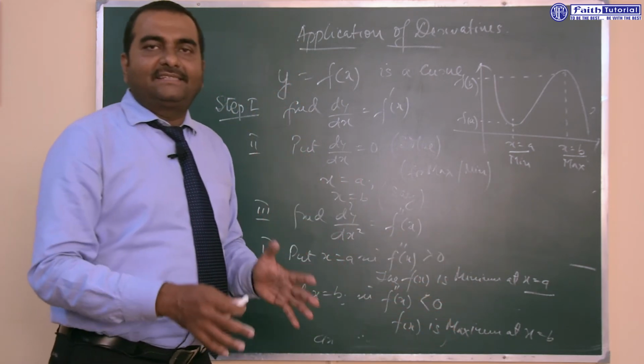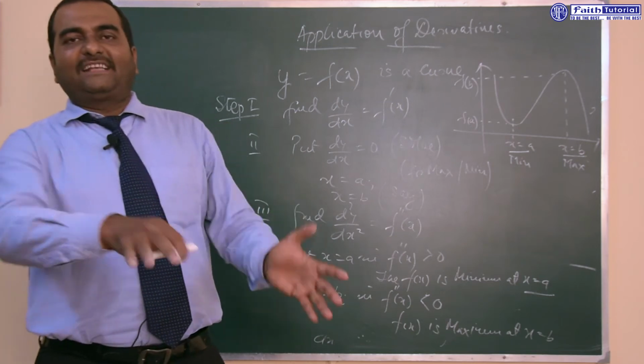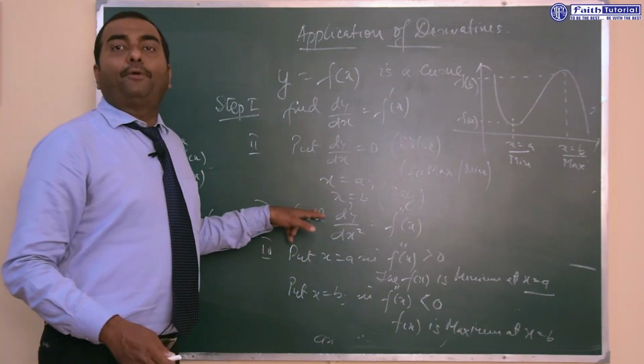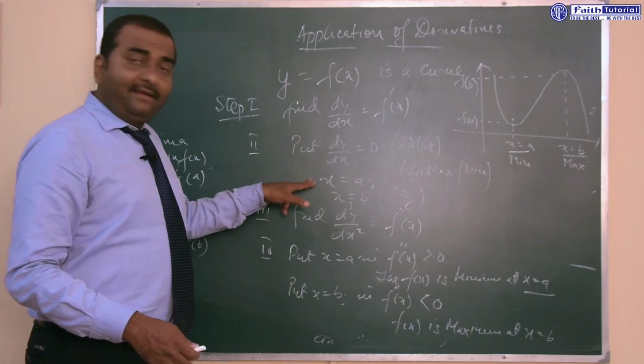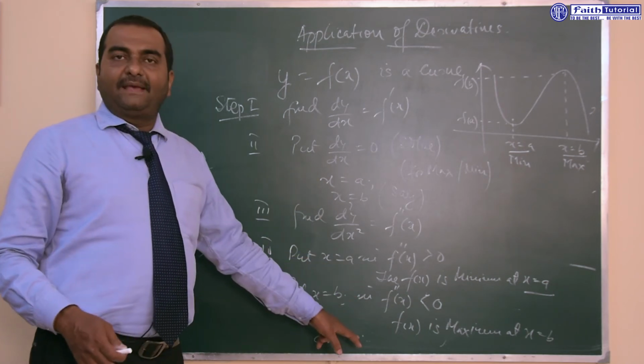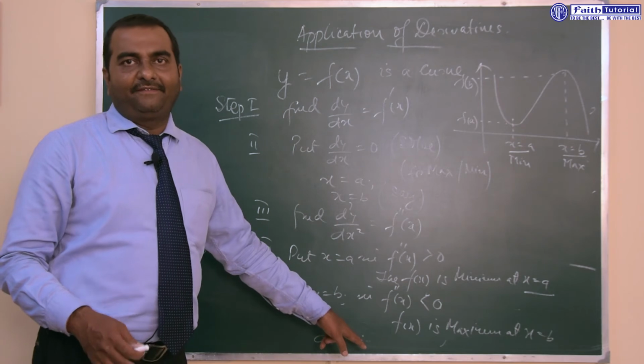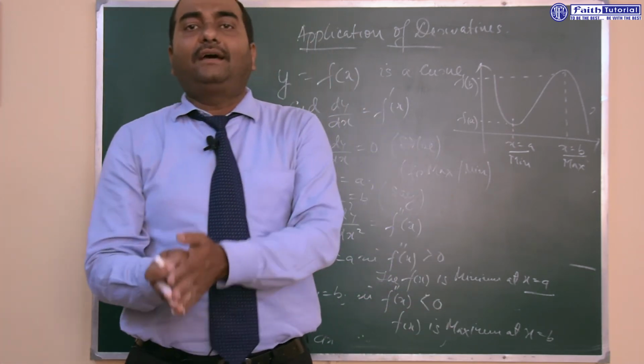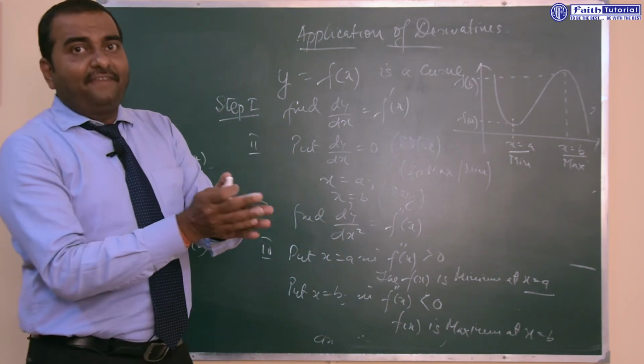That means it is not necessary that all the curves will have both maximum and minimum points. Number two, we might get 3 points. So again, we have to put each of them separately in the second order derivative to make sure whether the function is at the maximum point or the minimum point, there are different possibilities.